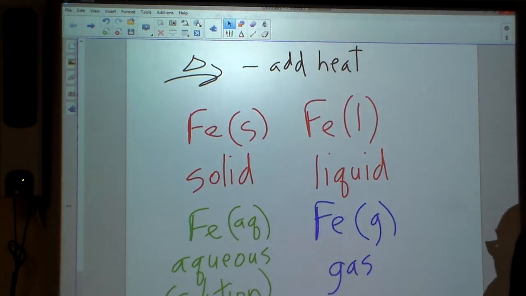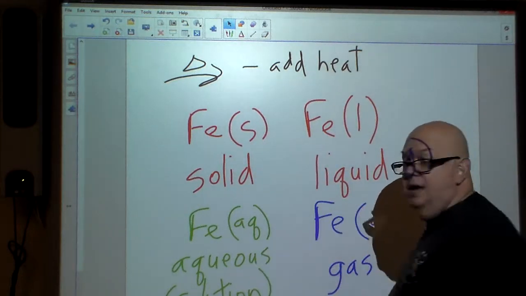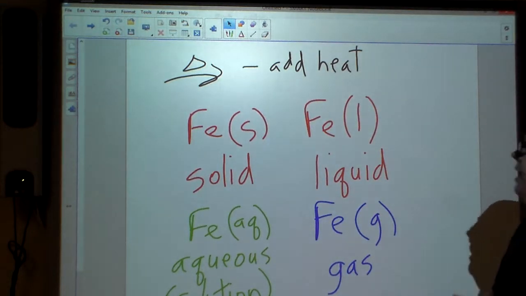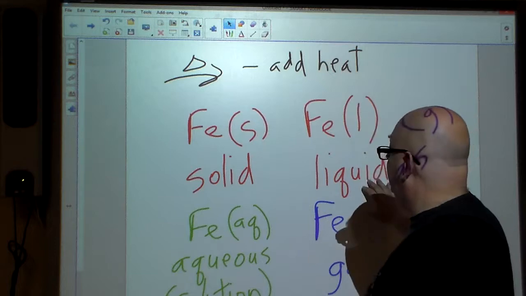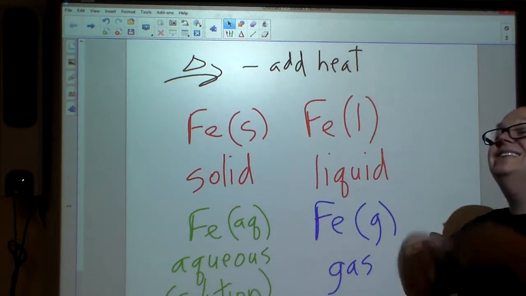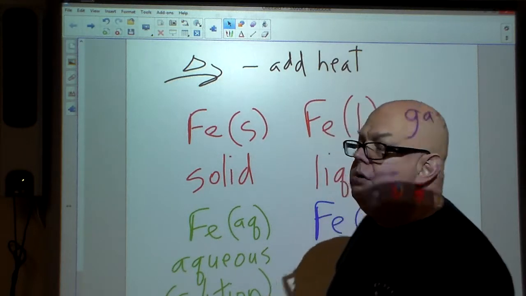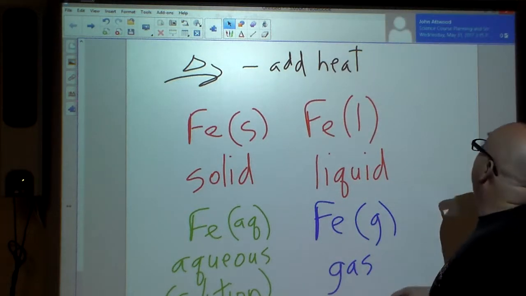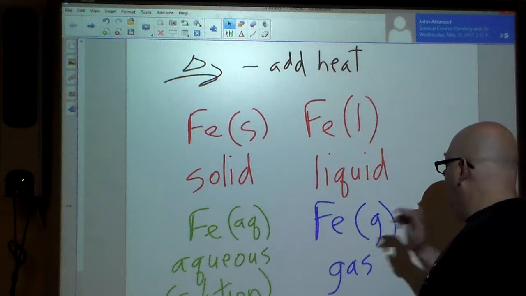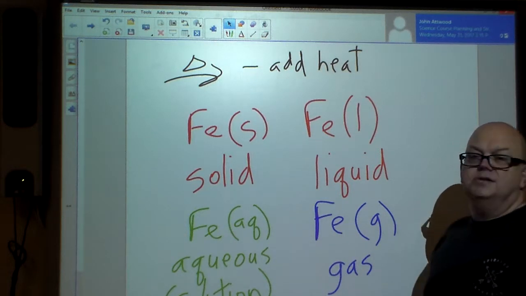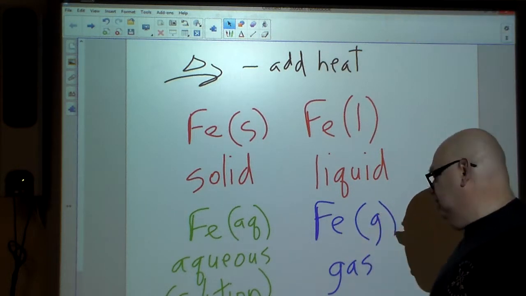So those are your basic states of matter when we're looking at a chemical equation there. So S is for solid, L is for liquid, AQ is aqueous, it's a solution. So when we say a solution, usually means it's mixed up in water. Okay, and then here we have iron as a gas, which doesn't exist, not really.